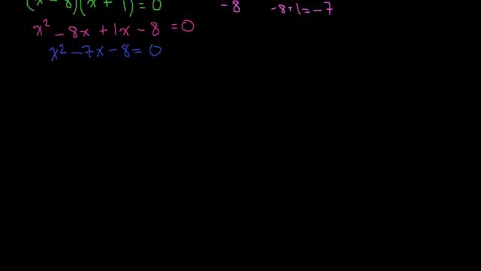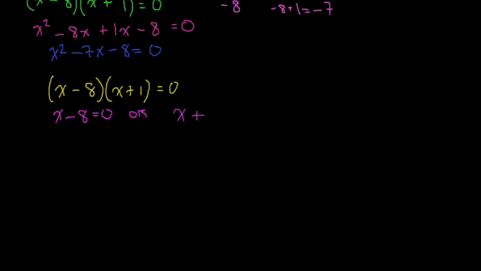Okay. Now that we have x minus 8 times x plus 1 is equal to 0, we can do something called the zero product property. We're going to set both of them equal to 0. So x minus 8 equals 0, or x plus 1 equals 0.